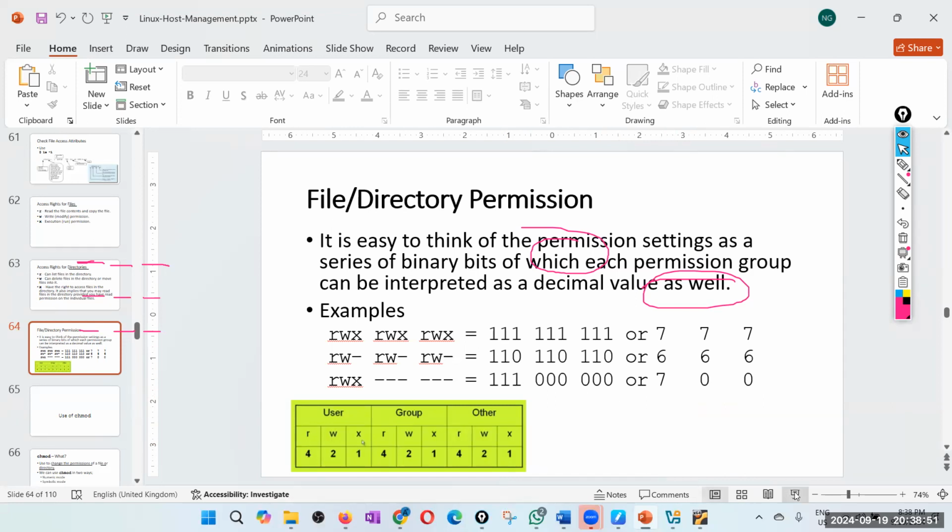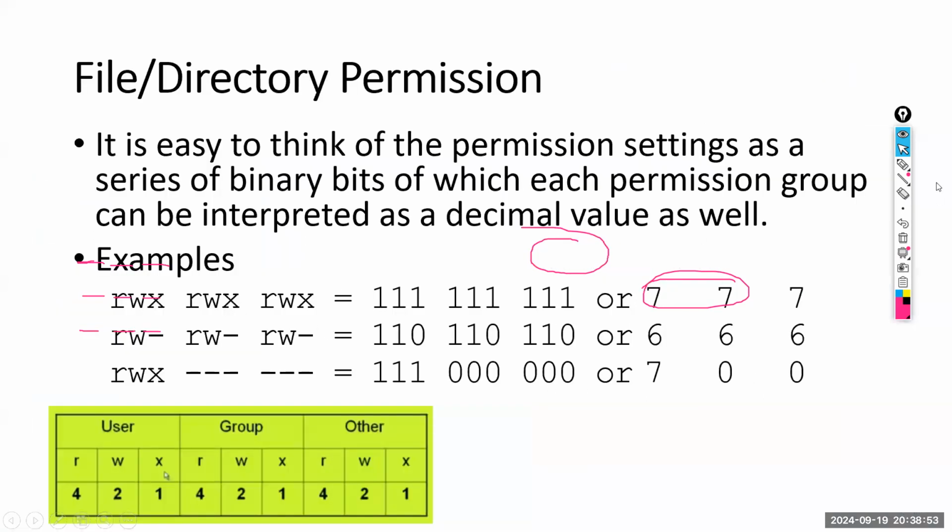So either you can look at it like this, or there's another way to look at it. You consider this as 1, 1, 1, 1, 1, 1, 1, 1, 1: read, write, execute, read, write, execute, read, write, execute. What about this 1, 1, 0, 1, 1, 0, 1, 1, 0? This one is 1, 1, 1, 0, 0, 0, 0, 0, 0. Then you can convert it to base 10. So then this is 7, 7, 7.